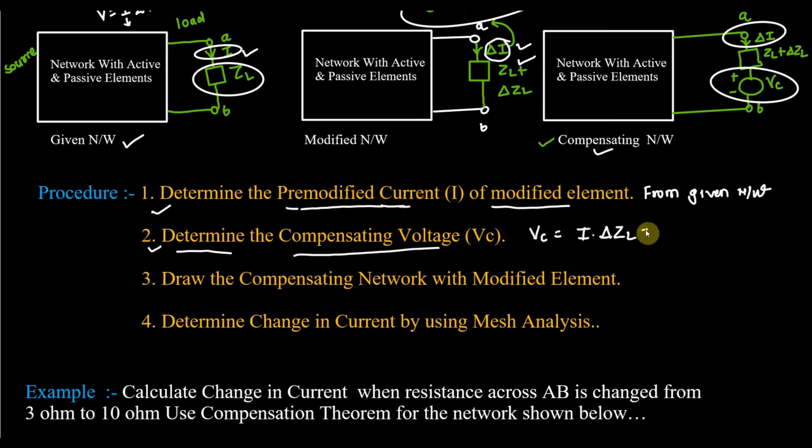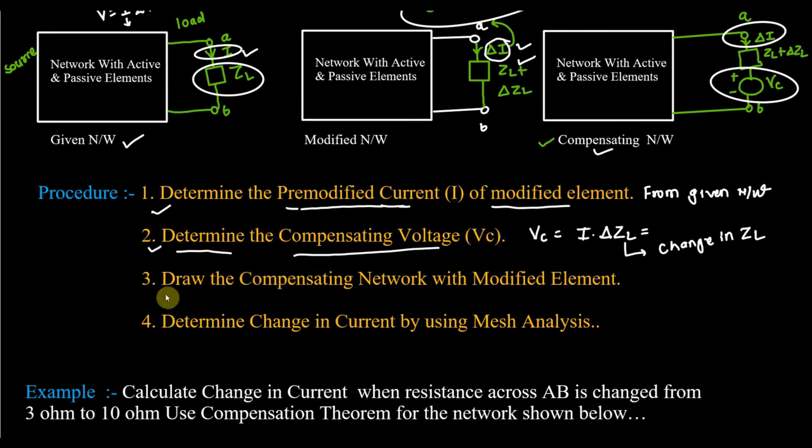And what is delta ZL? The change in the load impedance. I will tell afterward how to calculate delta ZL. Delta ZL is the change in ZL. That is, if it was previously 10 and now you have made it 20, what is the change? 20 minus 10, so your answer is 10, like that. Okay, so this is the second step.